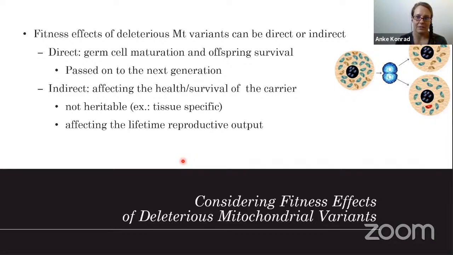The indirect effect of a mitochondrial mutation might be in a somatic line. It's not heritable because it might be tissue specific, but the mitochondrial variant can still affect the lifetime reproductive output of its host by causing disease or lowering its survival.